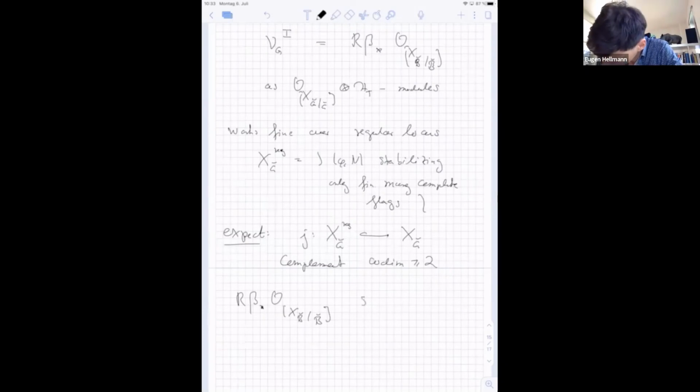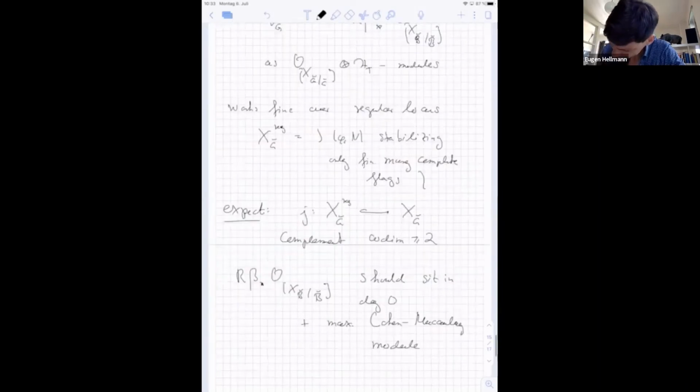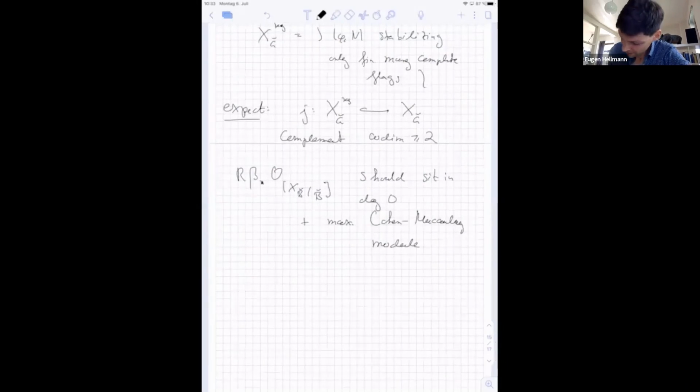Okay, but this should sit in degree 0, and it should be a maximal Cohen-Macaulay module. Okay, and if I computed correctly, then it's okay, at least for GL2 and GL3.